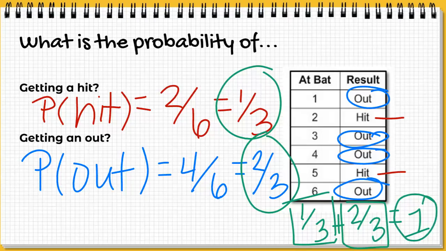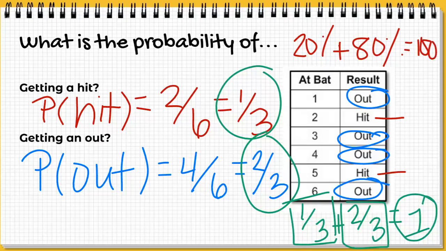And if we think about that logically, if there is a 20% chance of rain, that means that there's an 80% chance that it does not rain. And when you add those together, you do still get 100%, which we still know is 1 whole. So anytime you have an event and you add the probability of an event happening plus an event not happening, you will always get a sum of 1.